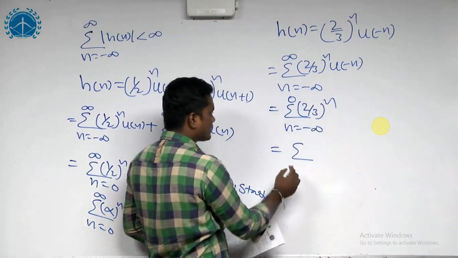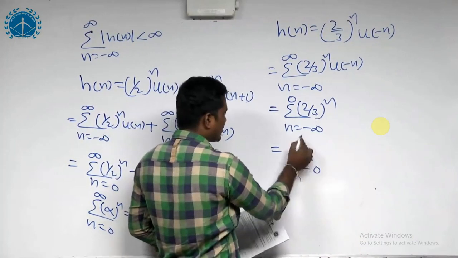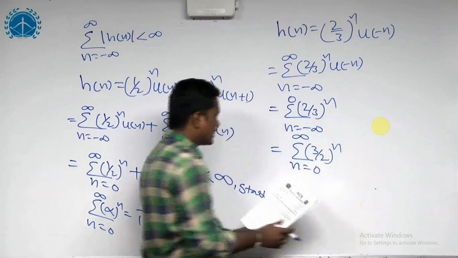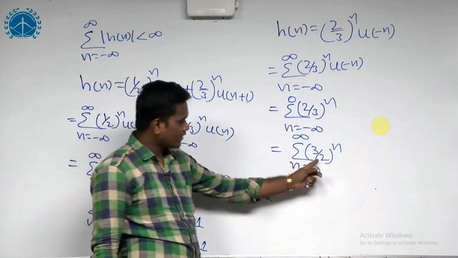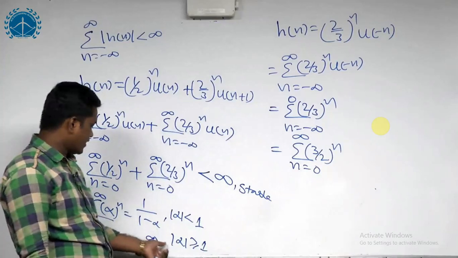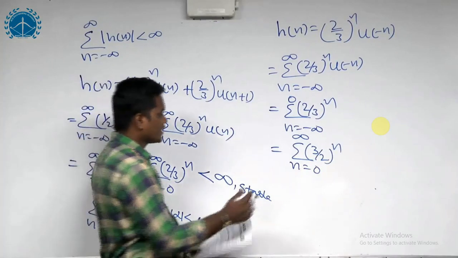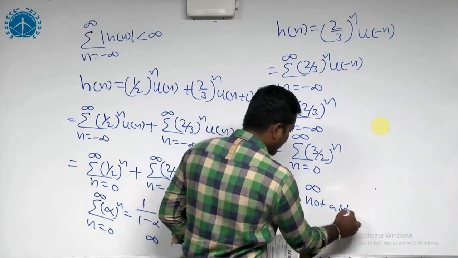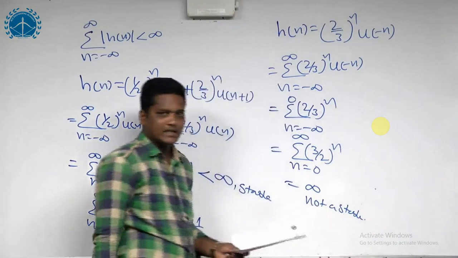If you replace n with minus n, this equals the sum from 0 to infinity of (3/2)^n. Let us observe that here alpha is 3/2, which is greater than 1. If alpha is greater than 1, what is the answer? Infinity. So it is not a stable system.